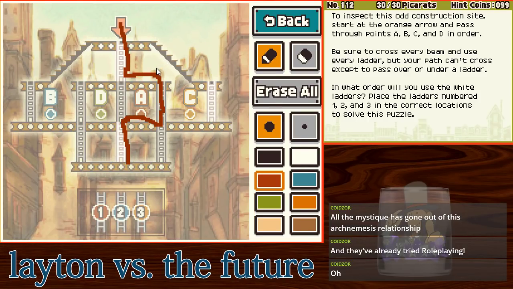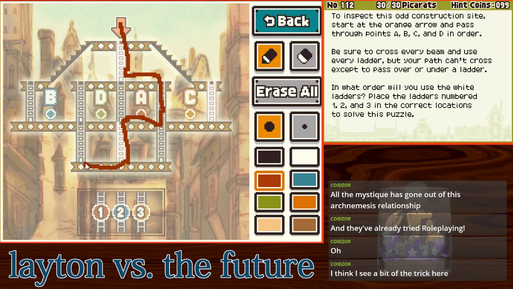I'm not sure I started correctly. Oh wait, never mind. We can actually go the outer way. I forgot about the outer. Which outer? Oh, you mean this way? Yeah. So that goes from B to C. Does that mean we can go over this way? I think so.